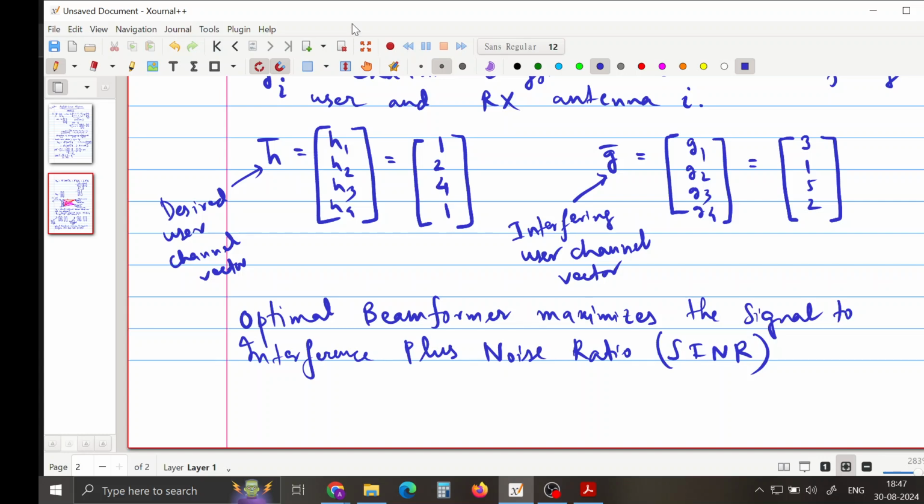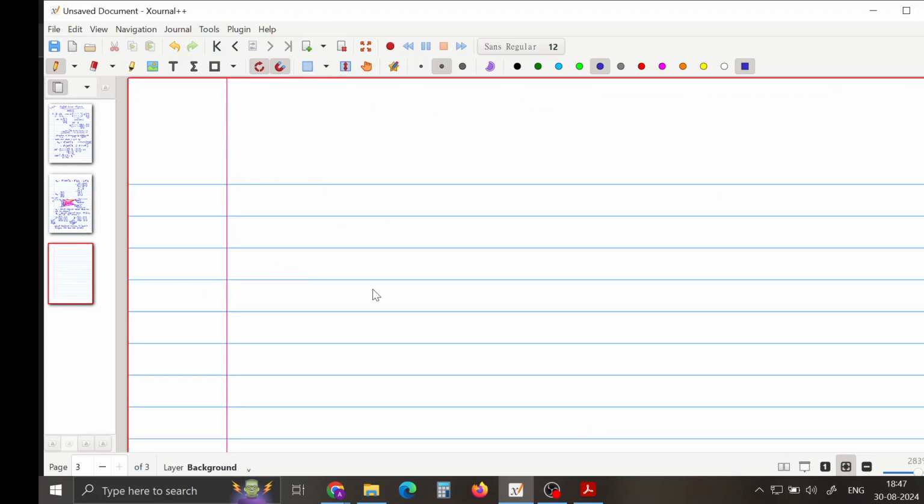So what we have seen from the lectures, I'll just make a note here: recall lecture 28. In the 28th lecture we saw this mathematical formulation, that the optimal beamformer is a vector, and the notation we used was W bar. It is a weighted combination of your received signals, chosen such that your SINR is optimal, the best.